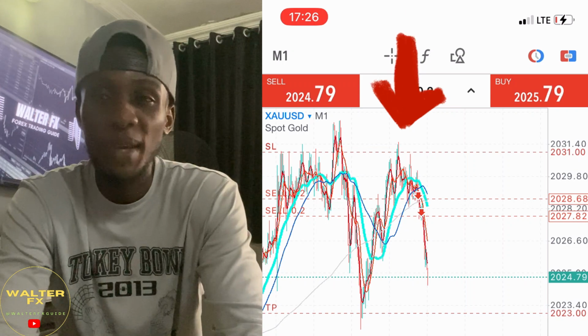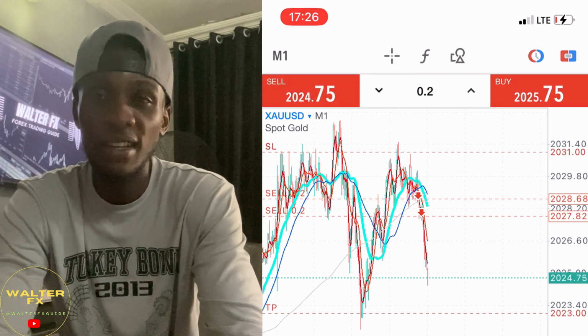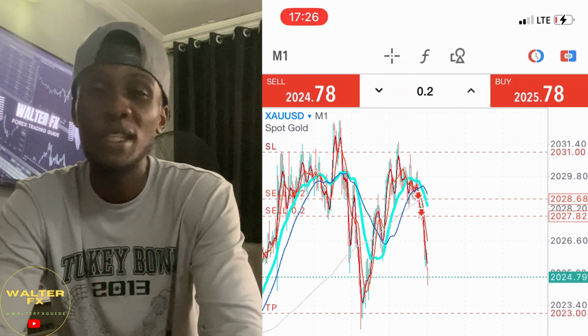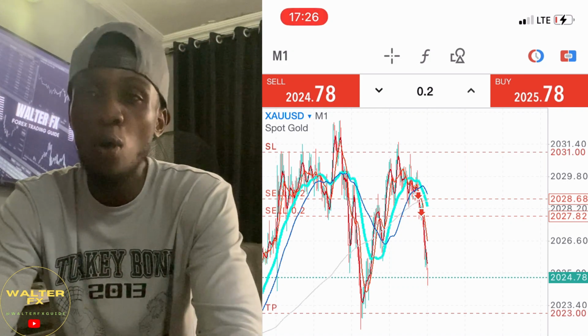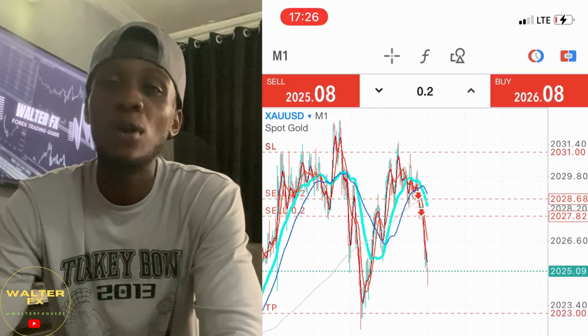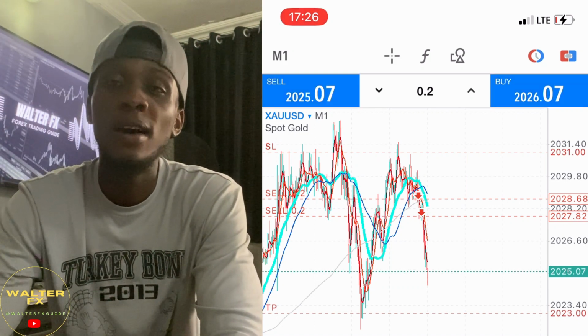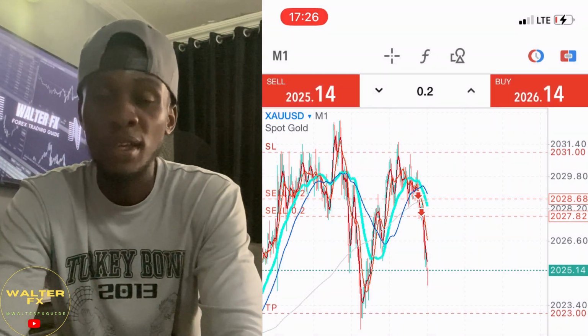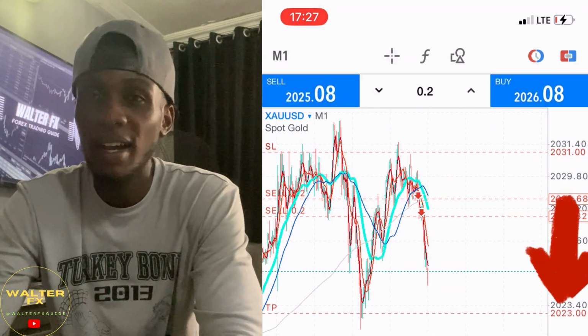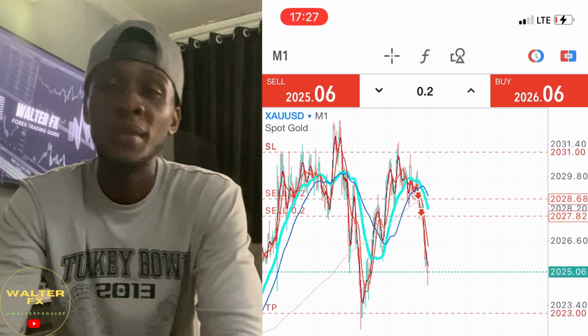Since it has rejected the resistance twice, I'm expecting price to sell all the way down to the major supports, which I have down there at 23.